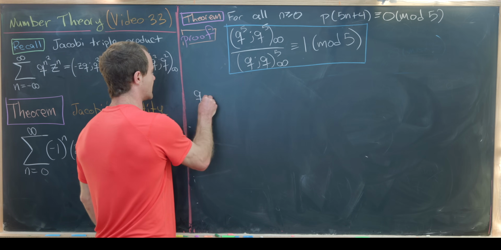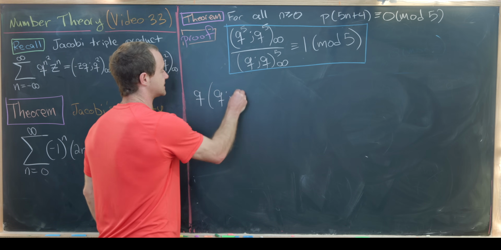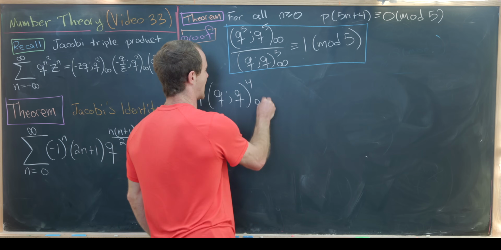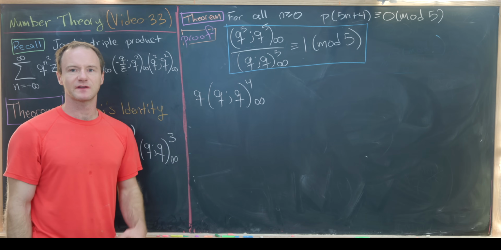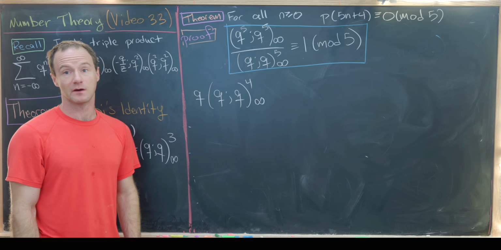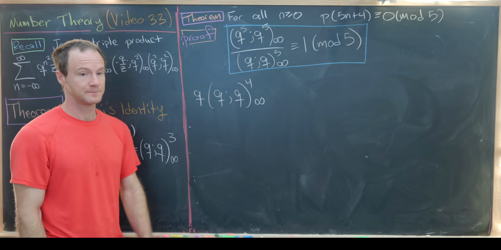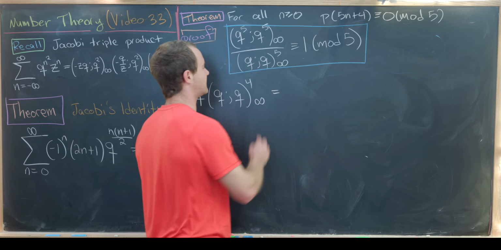So we're going to start with q times (q^4; q^5)_∞. And then we want to manipulate this until we have something that looks like the generating function for the number of partitions of n. So we can do that in the following way.